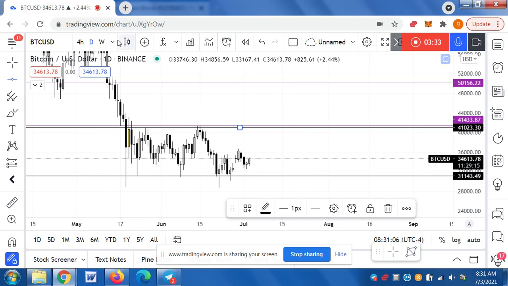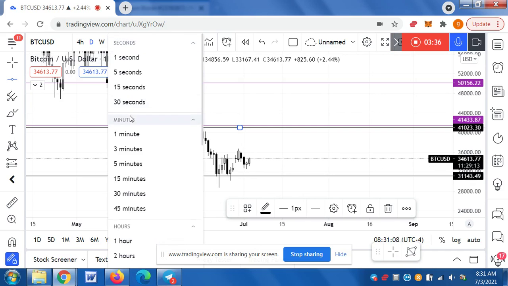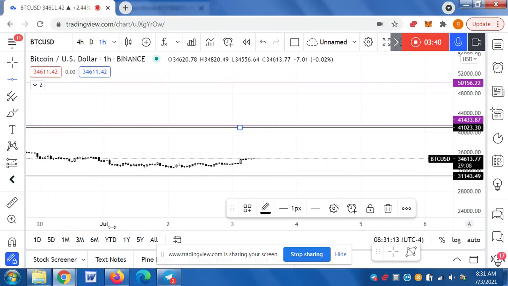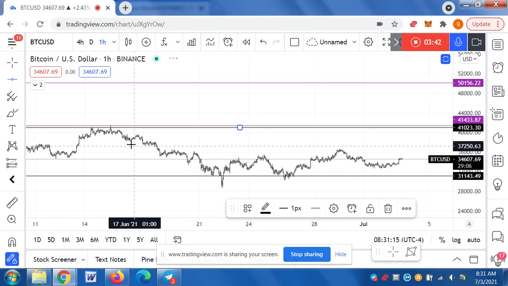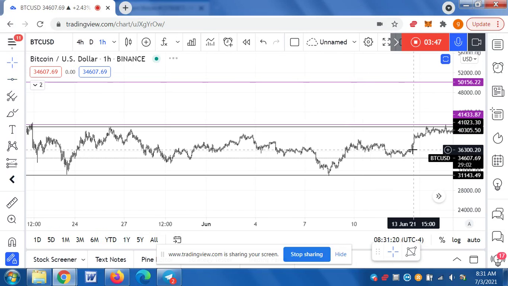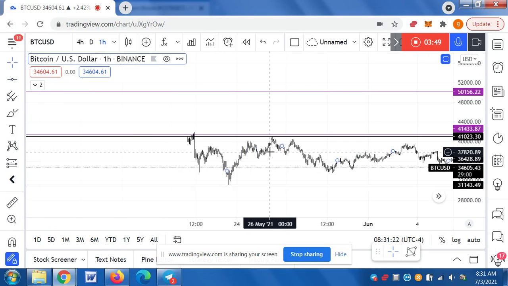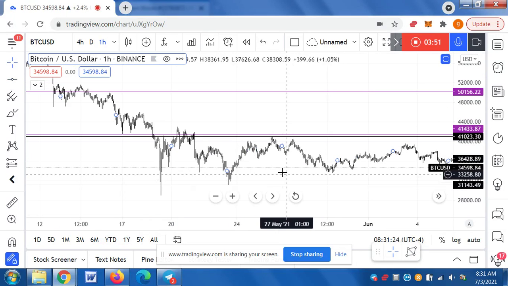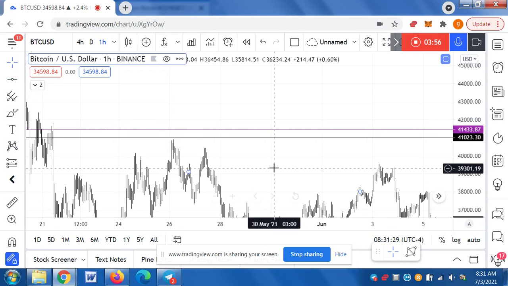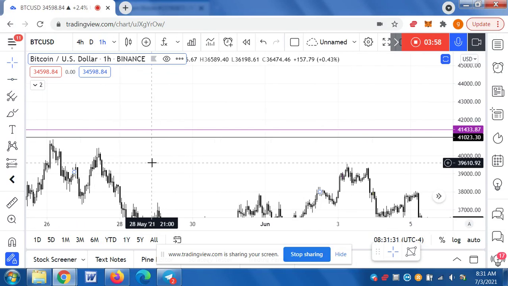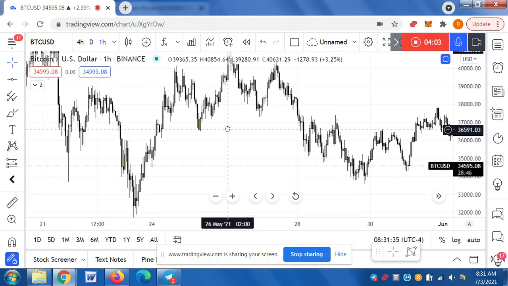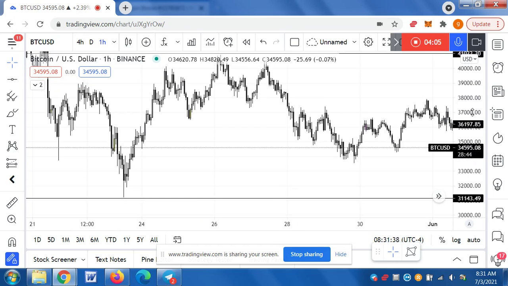So what I like to do is go to the lower time frames. We can go to the 1 hour here, and we'll go a little bit further back in the chart. So we have our move down, and we defined our range already, so let's just pick a random low and high on the daily.